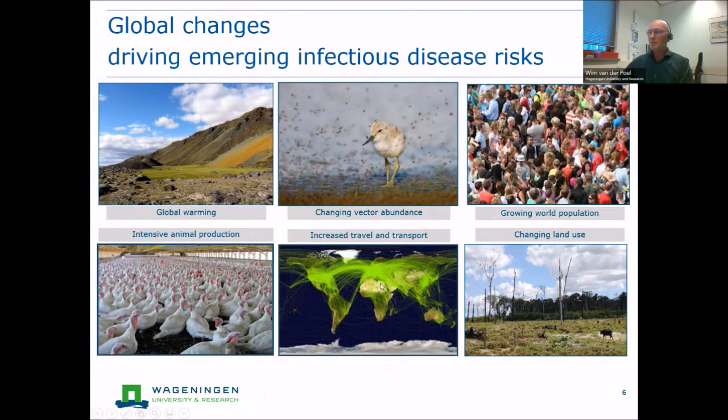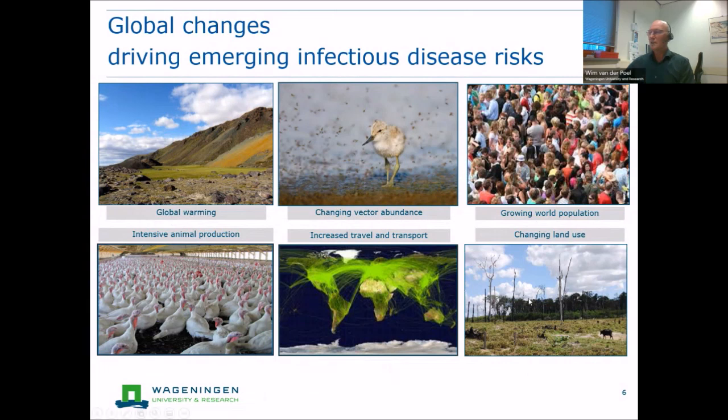We have an increased travel and transport. That means that infected animals or infected people can travel to other parts of the world in a very short time and potentially be introducing new agents in other regions.